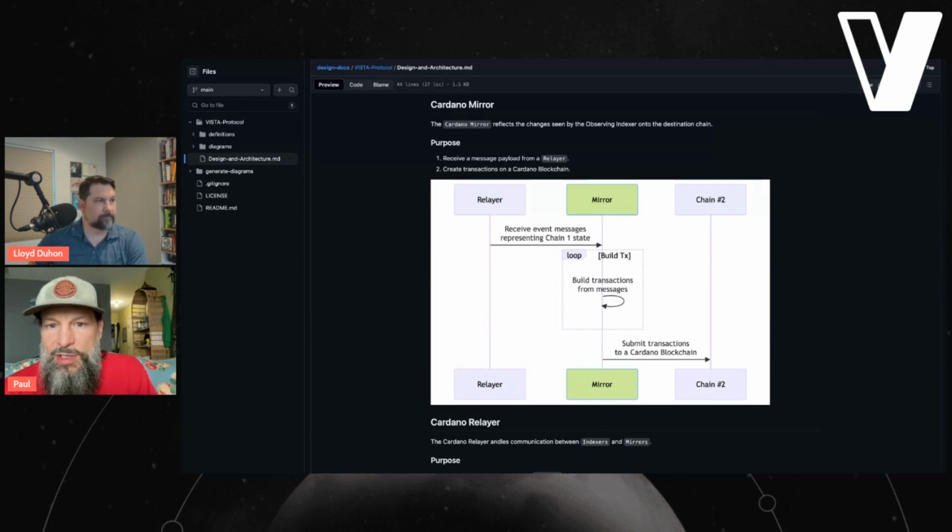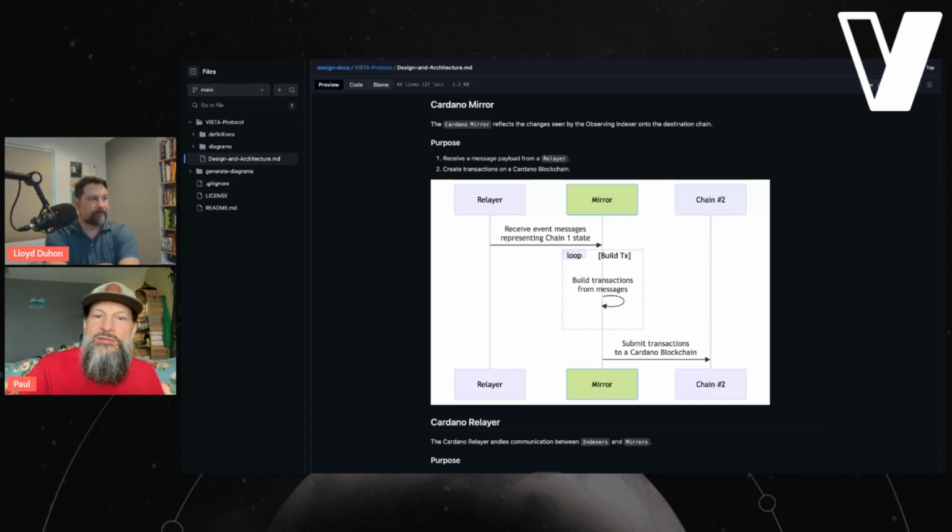So rather than give the chain mirror keys to the kingdom to mint tokens on chain number two, we would rather have a mechanism that's agreed upon ahead of time that says when you notice that UTXOs are locked on chain number one, that's immediately going to allow chain number two to self mint, essentially.